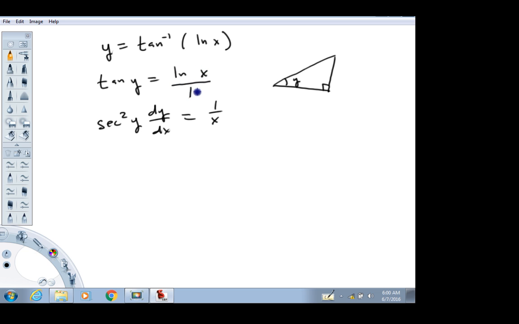Opposite over adjacent. So in my triangle, here's the side opposite y, so that's going to equal ln x. Here's the side adjacent to y, that's a 1. And then by Pythagorean theorem, the hypotenuse of this triangle is equal to the square root of 1 plus ln x squared.